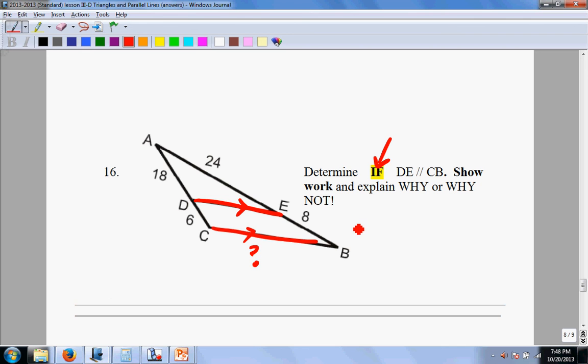Now we learned today if they were parallel, there would be a certain relationship between these segments. Why don't you go ahead and mathematically test that relationship and see if it works? If it does, then they are parallel. If it doesn't, they are not.